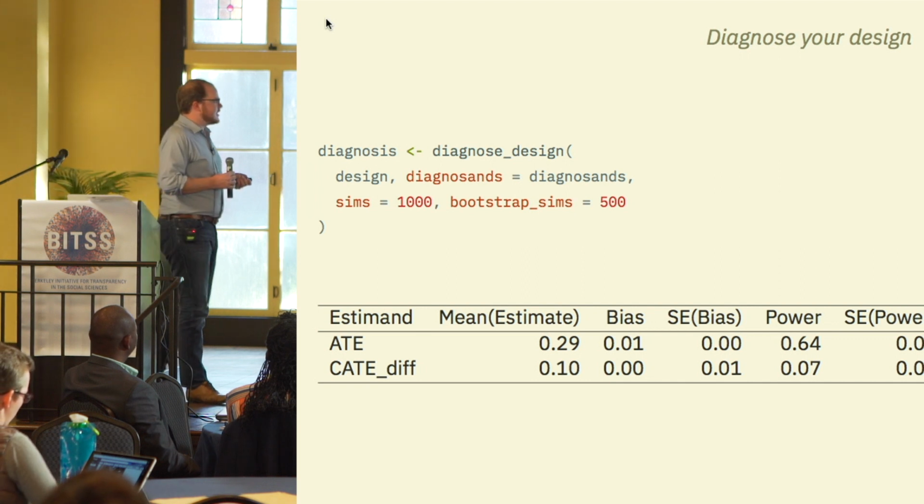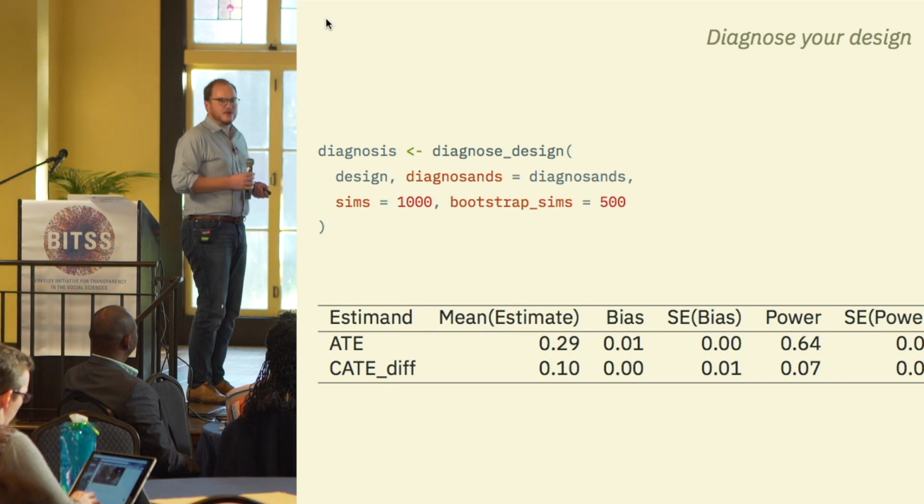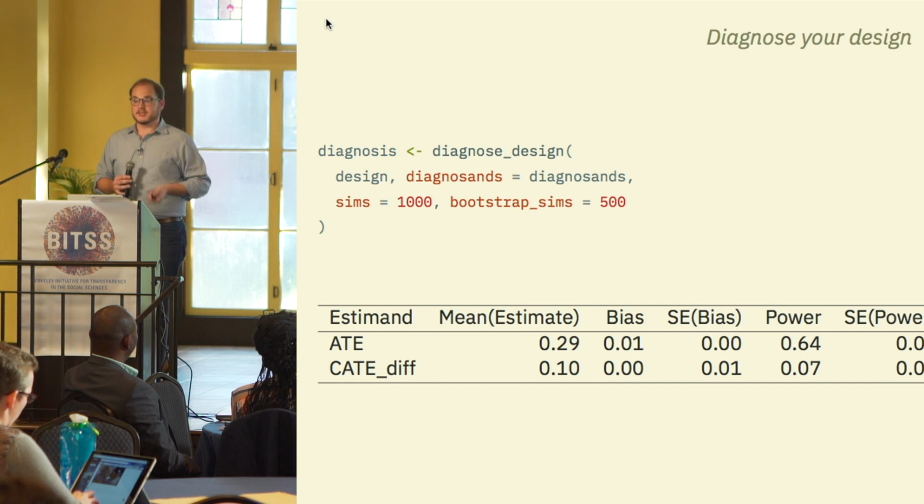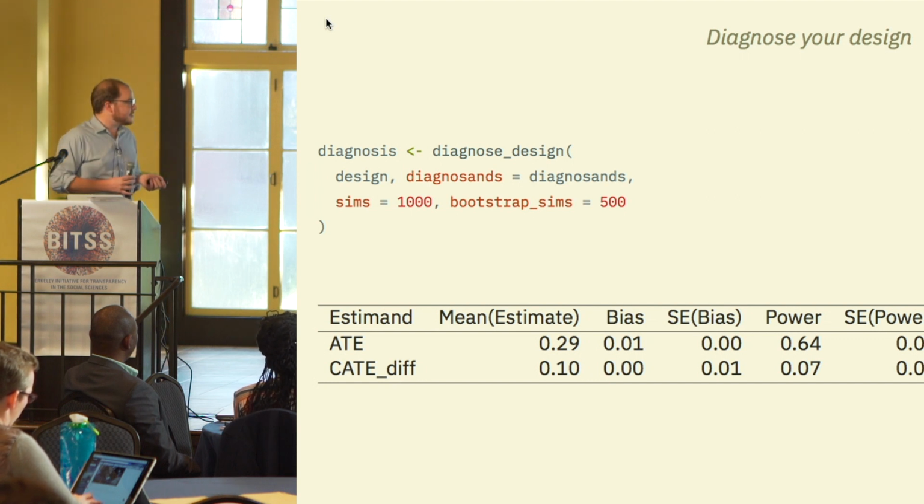Here, importantly, we see that we didn't achieve the threshold of 0.8 for power. So this is a design that would be underpowered for studying the average treatment effect. And we see that the power of the difference in the conditional average treatment effects is extremely low.